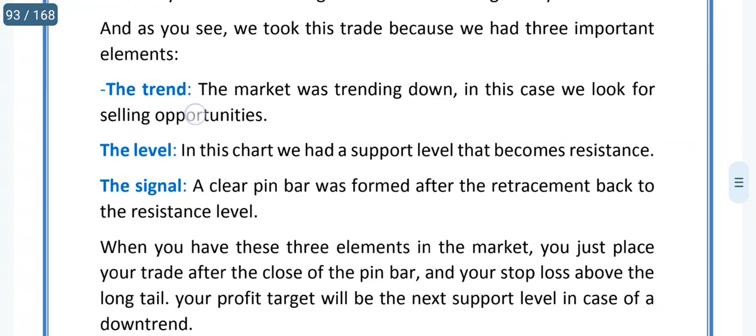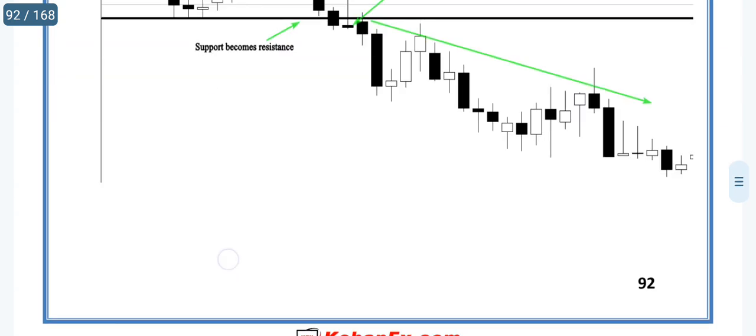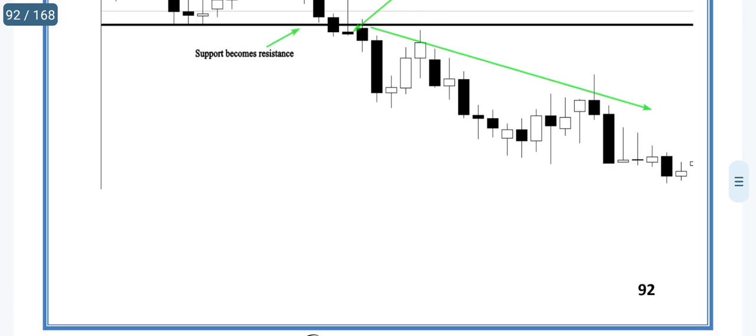Here is the explanation: we entered such a market whereby the support level becomes the resistance level, meaning that the prices were rejected by the sellers, and now the market continues in a downward trend. It means that the sellers are still in control of the market.